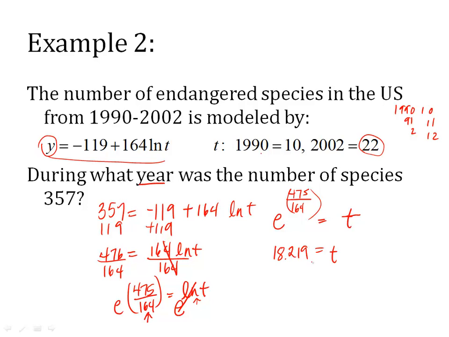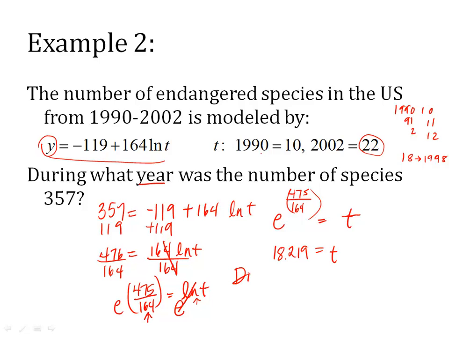18.219. All right, so you cannot leave your answer like this because this is meaningless. What does 18.219 mean? You need to go back to what they were saying about the years. If 10 is 1990, what is 18? Well, 18 is 1998. All right, so the question is approximately what year was the population 357? It was 1998. So again, application problem, I want to write in a complete thought.